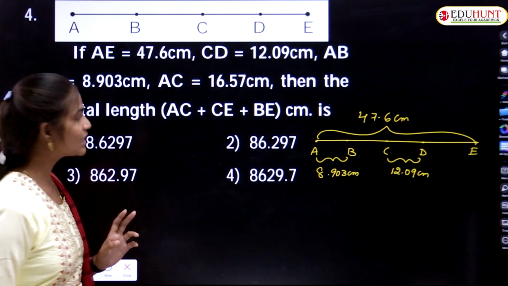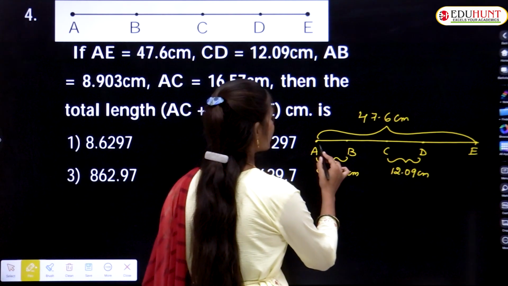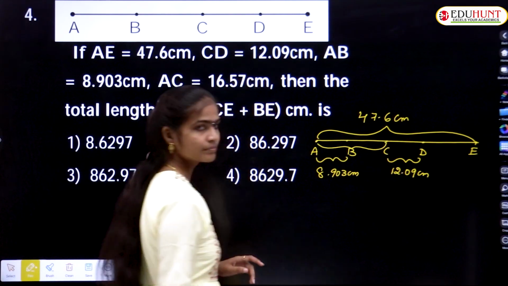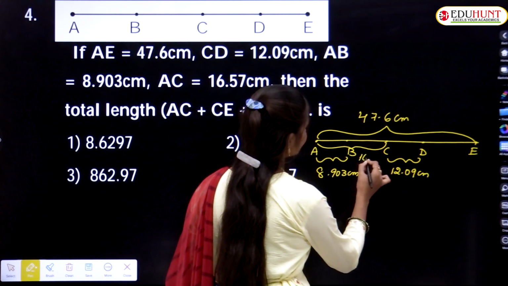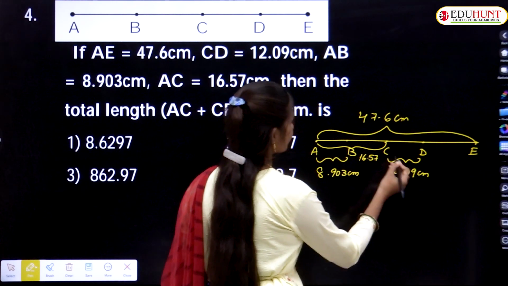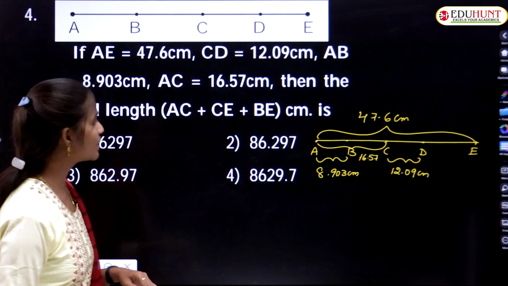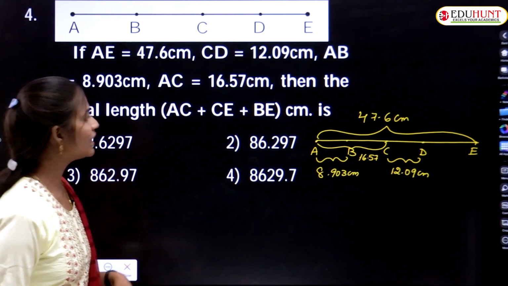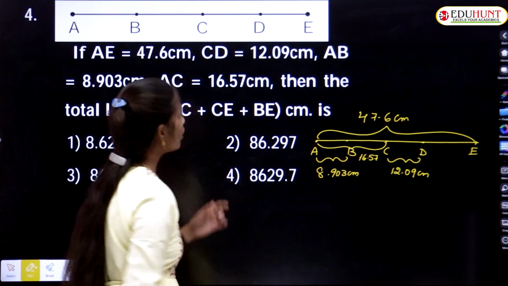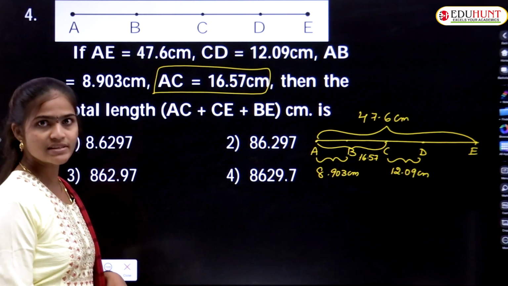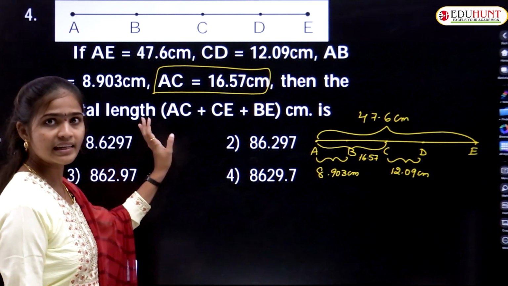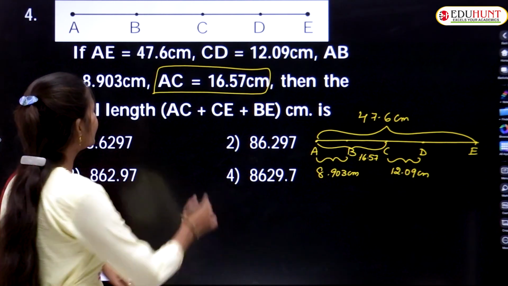Next AC is equal to, AC means this total measurement they given up to here. Okay, so AC is equal to 16.57 centimeters. So already we know that AC is equal to 16.57 centimeters. Already they given direct measurement, so completed.